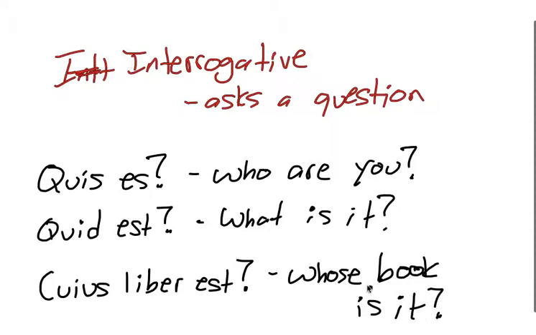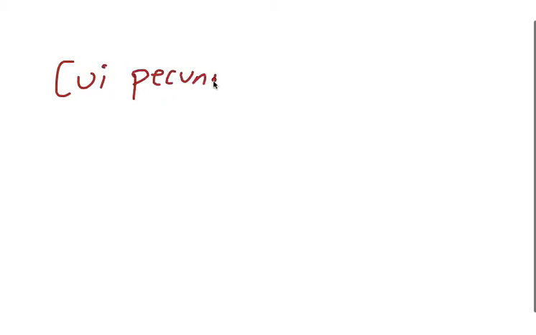Okay, so the translations for the relative pronoun apply. Cuius will be whose, qui will be to whom, right? So you keep those same translations, but now we're just using it to ask a question. Okay, here's an example of a dative. Qui pecuniam dedisti.